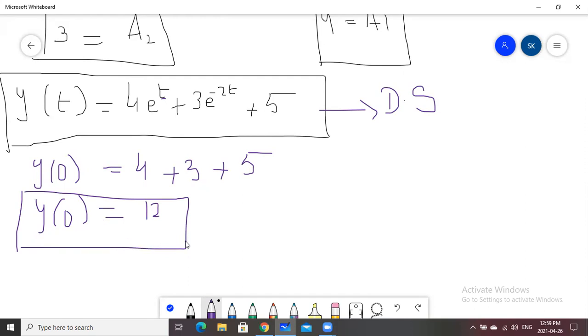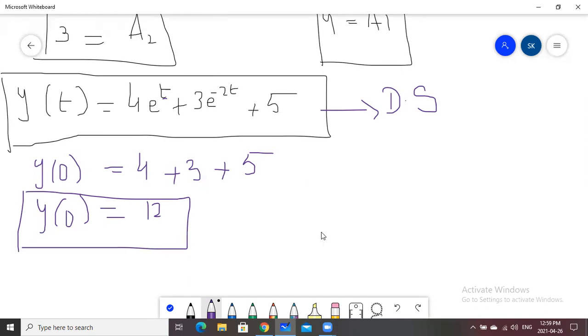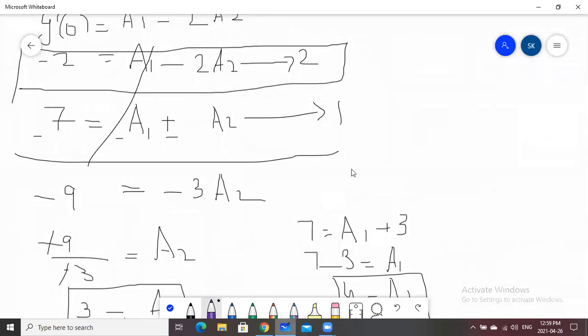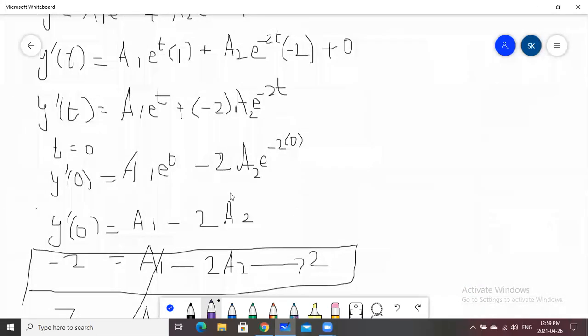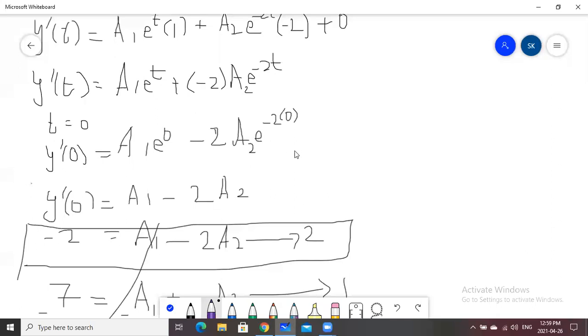Now again, we can write the equation for the second one also, that is y prime of t. We will have to move over here for that. So we have it in the form of this equation. Let's write this one first. Now y prime of t is equal to, again the value of a1 is equal to 4 e raised to power 1t.